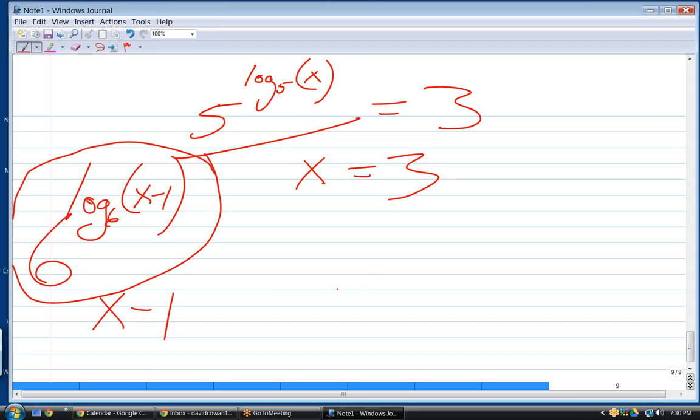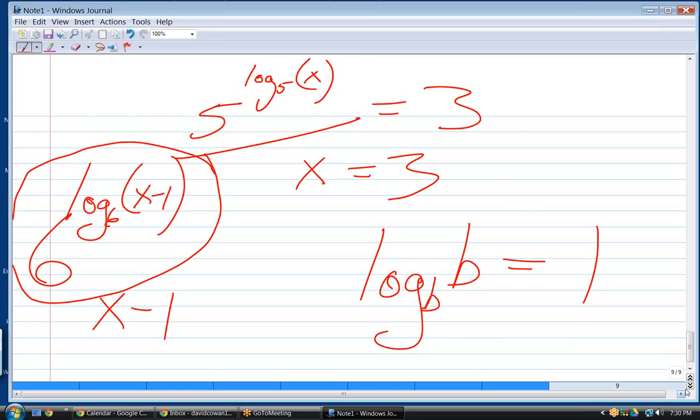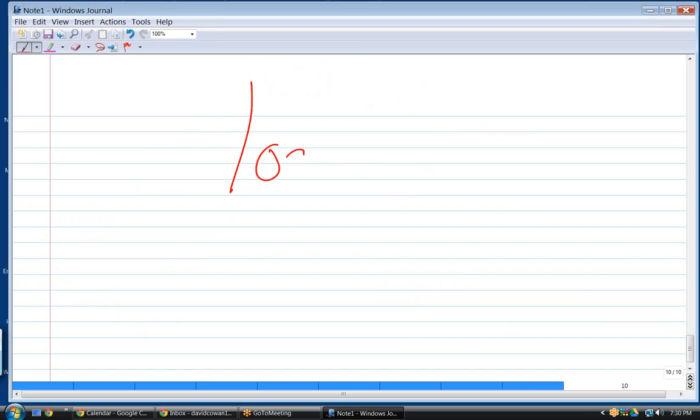Another thing is log base b of b is always 1. So if they said, what is log base 3 of 3, it's always 1. Why?